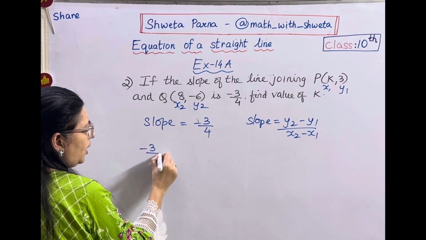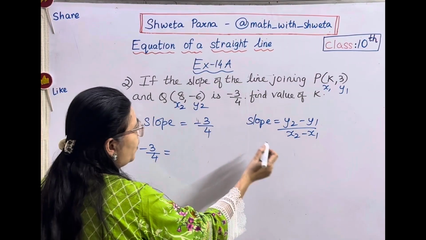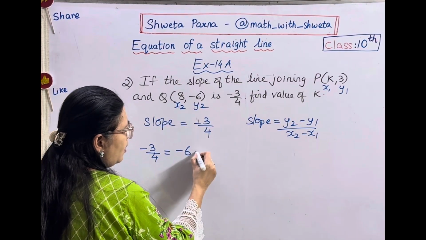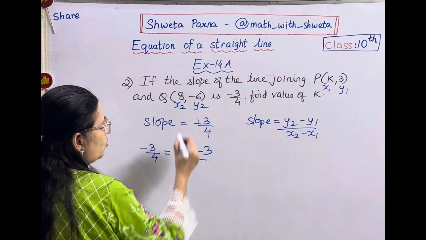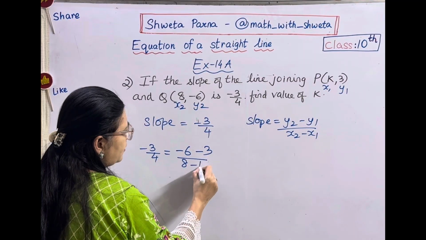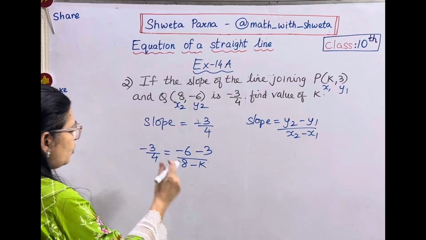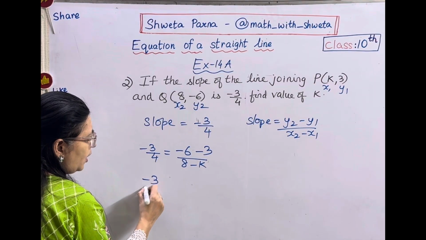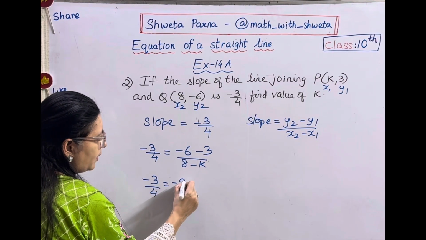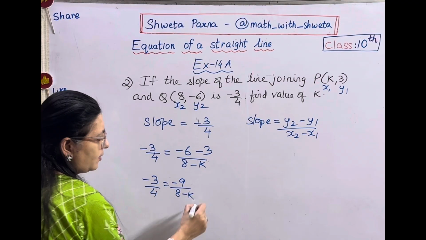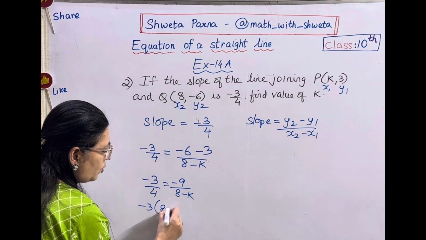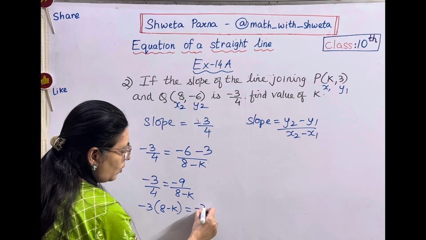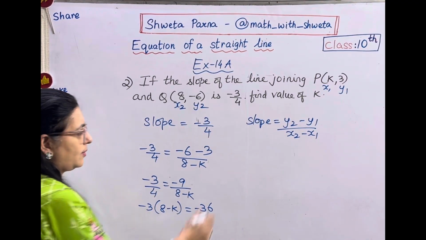So minus 3 upon 4 is equal to y2, which is minus 6, minus y1, which is 3, upon x2, which is 8, minus k. So this will become minus 3 upon 4 is equal to minus 9 upon (8 minus k). Cross multiply: minus 3 into (8 minus k) is equal to minus 36.